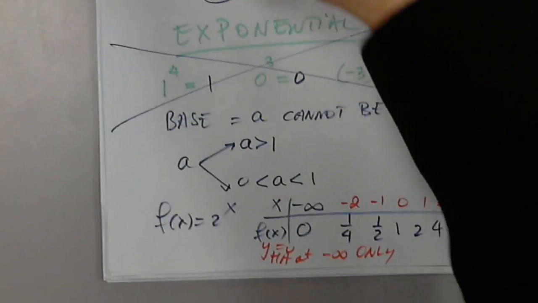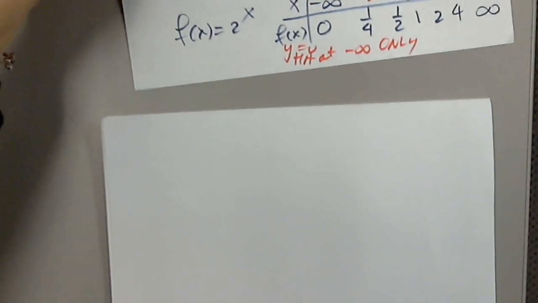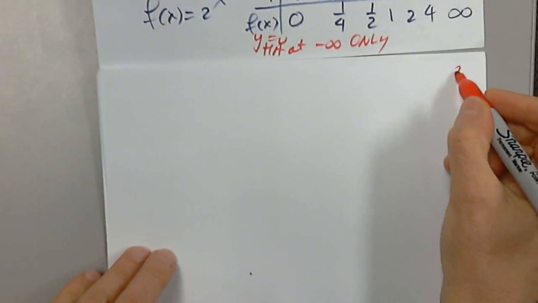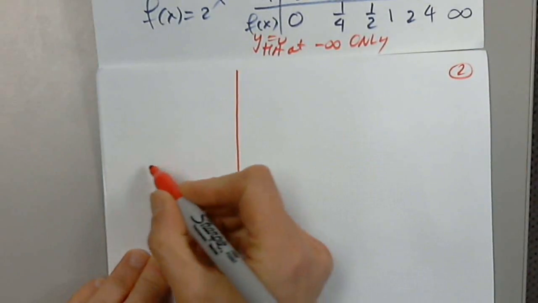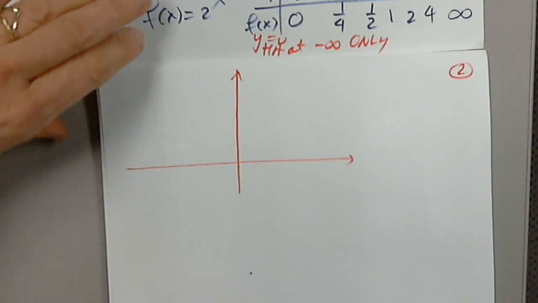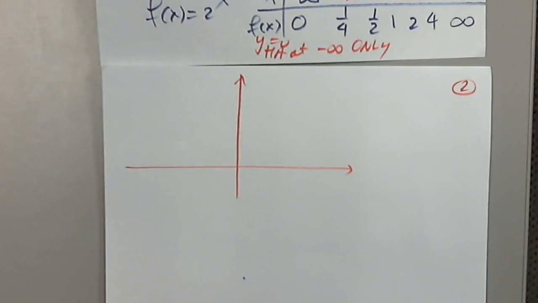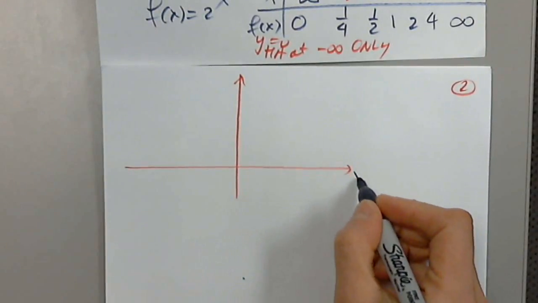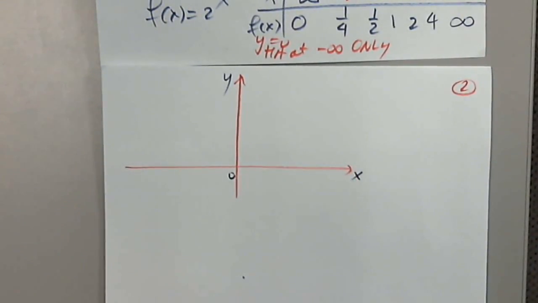Okay, so let's graph the function, and then you'll see how many different properties this function has. When I graph a function with asymptotes, what do I have to graph first? The asymptotes. Correct.